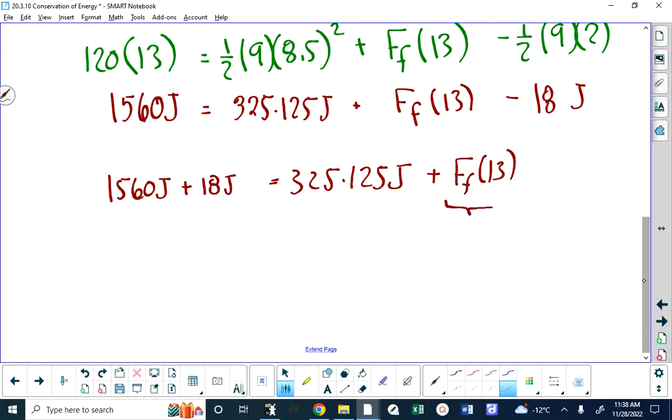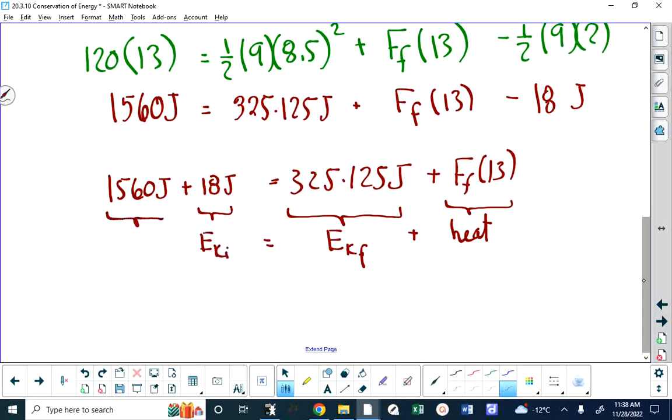Would you agree this is the heat? And this is the final kinetic energy? So this is all of the energy at the end. This is the initial energy.